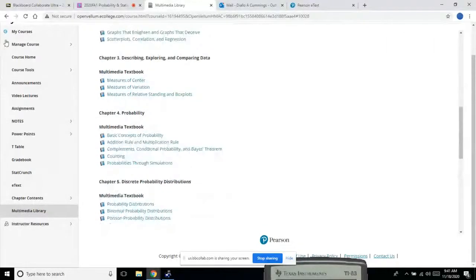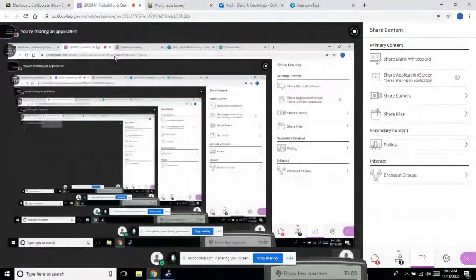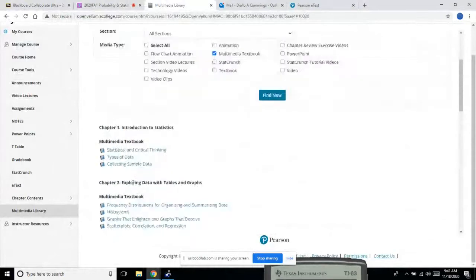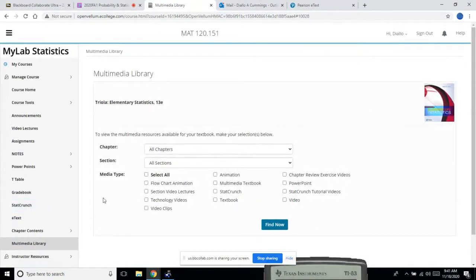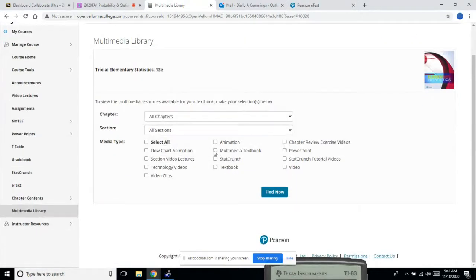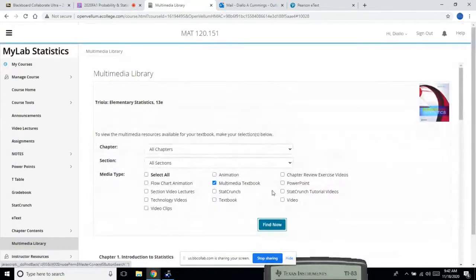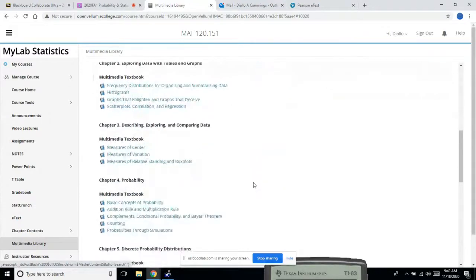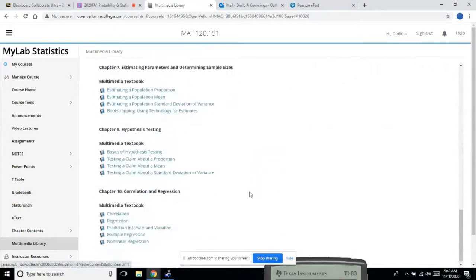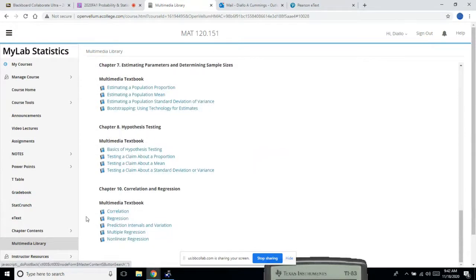Just so that we're all on the same page, if you're in the MyMathLab course, under the multimedia library section, I'm going to click multimedia library, then multimedia textbook, and click find now. If I scroll down, I'm going to choose chapter 10, correlation.